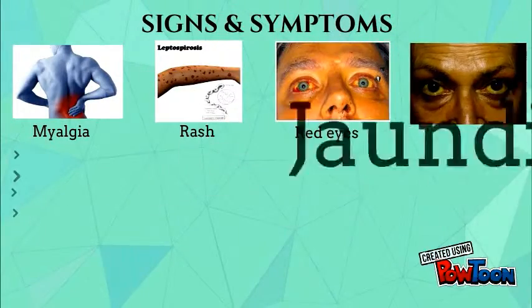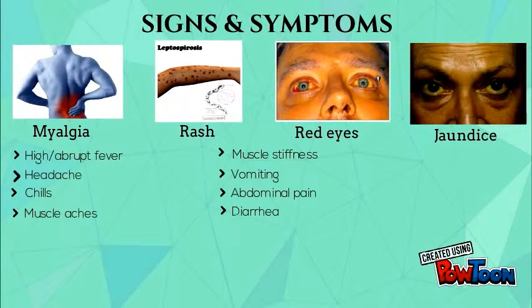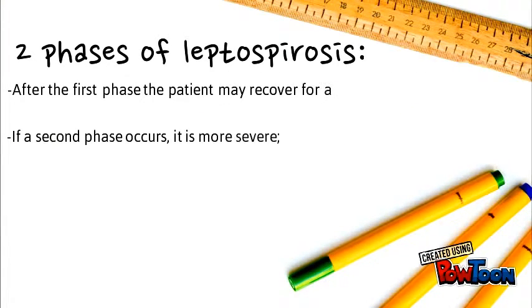Let's get right to the signs and symptoms. Generally, leptospirosis can be associated with high fever, headache, chills, muscle aches, muscle stiffness, vomiting, abdominal pain, diarrhea, rashes, red eyes, and even jaundice. There are two phases of leptospirosis.